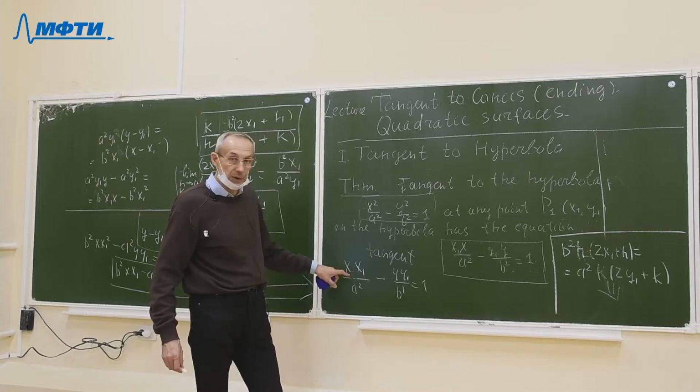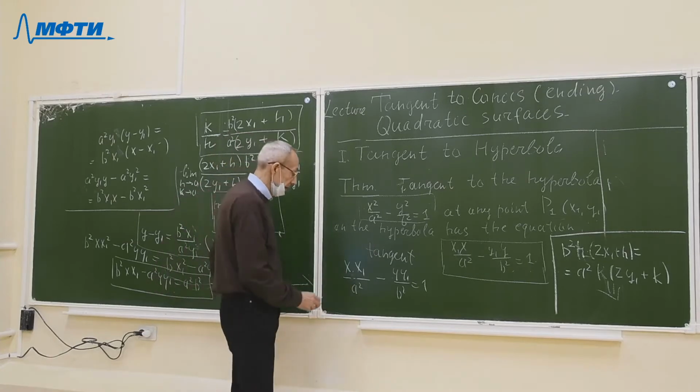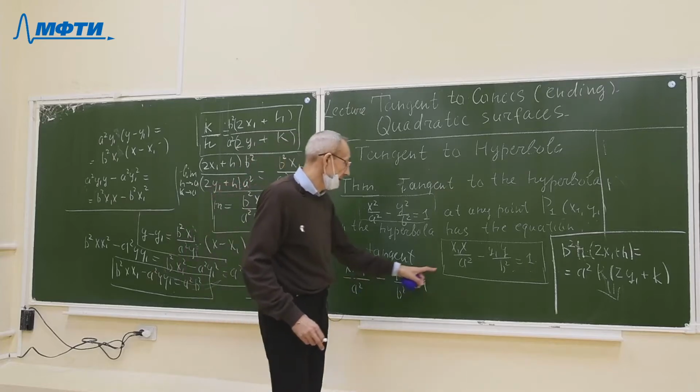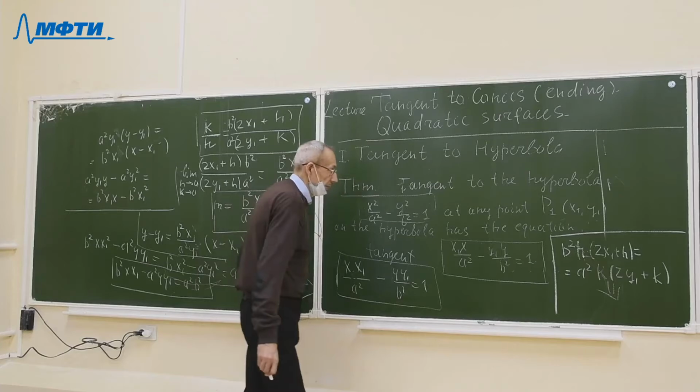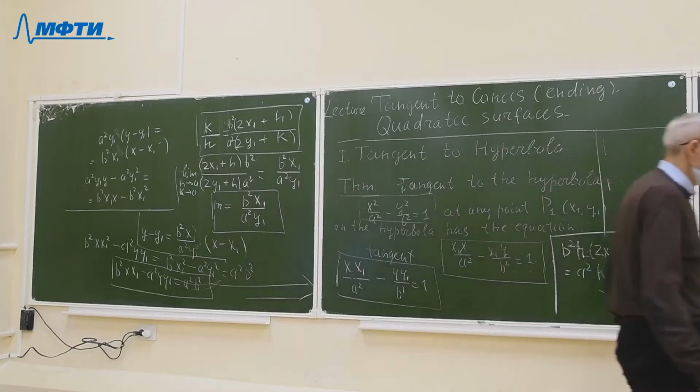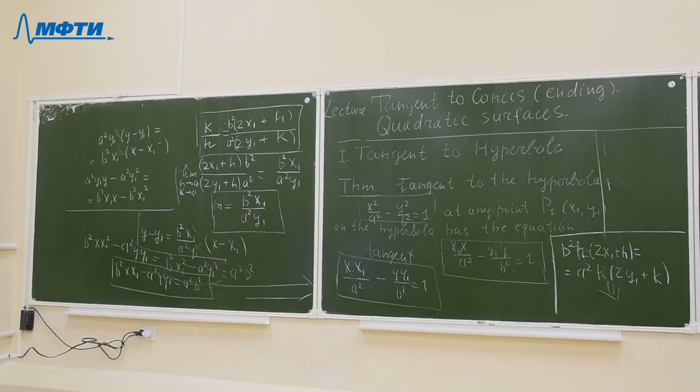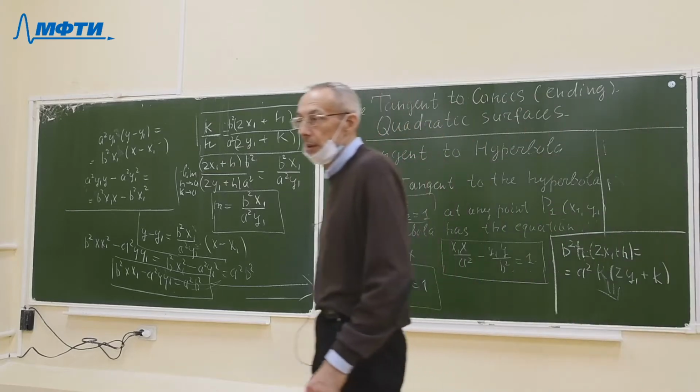We can change the order, and this one is equal to this one. And we obtain the exact formula for the tangent straight line to the hyperbola. Maybe any question?